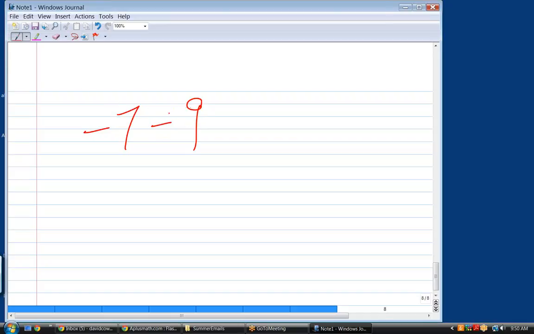So if we turn this into an addition problem, we take our subtraction sign, change the sign on it, and then change the sign on the 9 to be a negative 9. And then what's that equal to? Negative 16. See, it becomes easy once it becomes an addition problem.